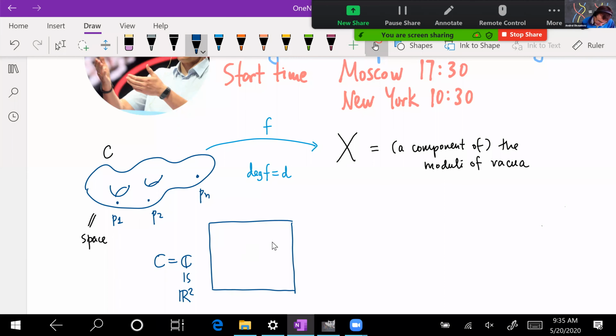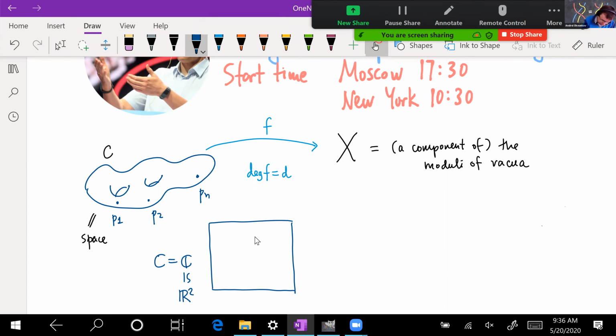Of course, this is non-compact, and so we have to assume that, as usual when you put a theory in an infinite space, at infinity it is in one particular vacuum.